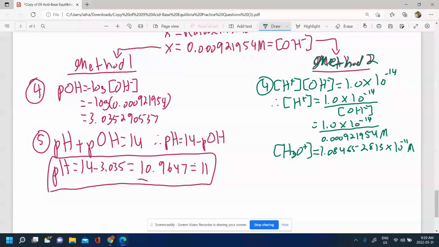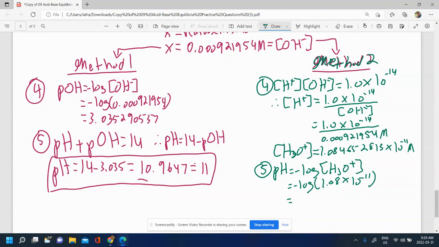So we found the H3O plus, and now that we have the H3O plus, we can do our pH is equal to negative log of H3O plus, or H plus, which is the negative log of that number we found up there, 1.08 times 10 to the power of negative 11.